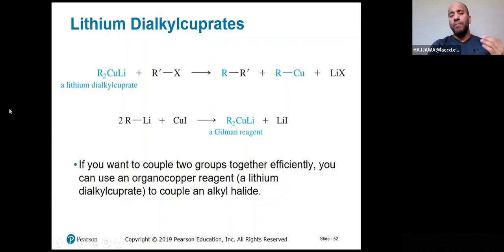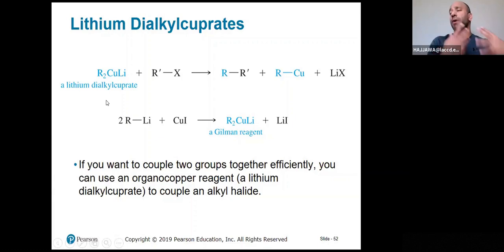How do you make it? 2 R lithium plus copper iodide. The outcome is lithium iodide as an ionic structure, and R2 copper lithium. There is a drawback for this reagent: you waste one of the R groups of the R2 copper lithium and only utilize one of them. You utilize one to couple, and the other goes to waste.